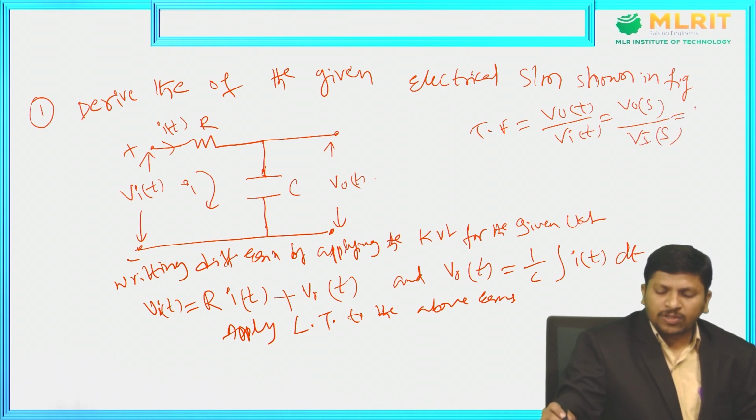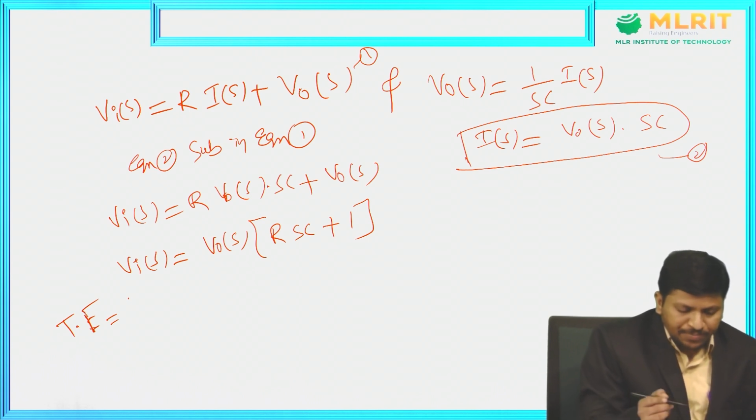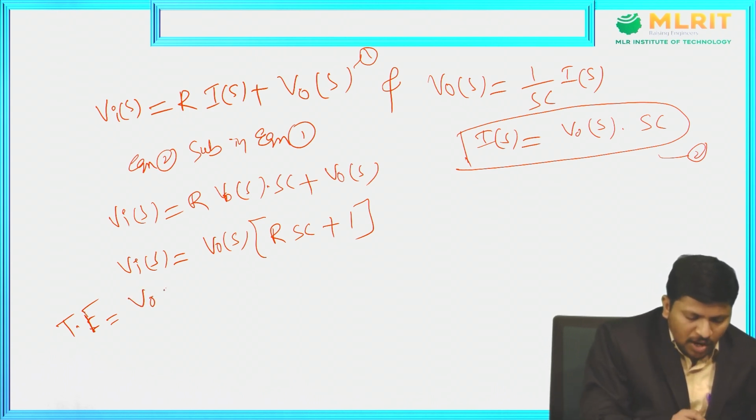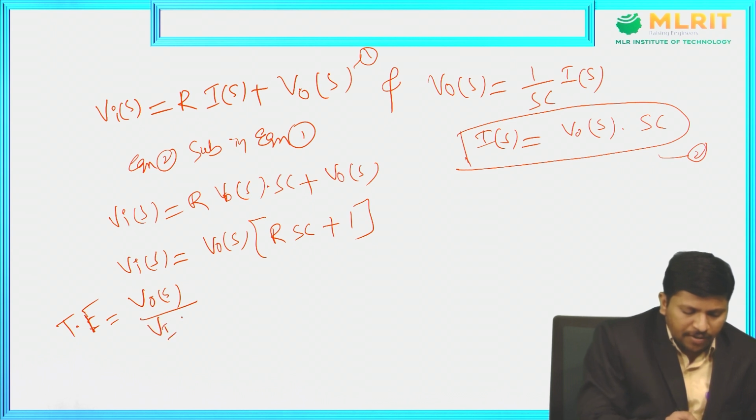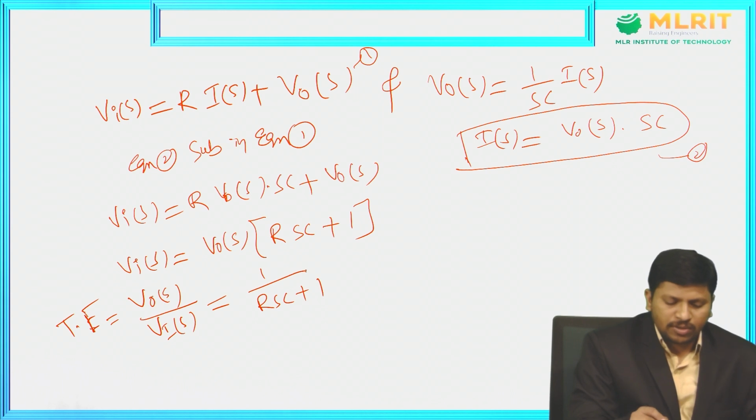We are going to calculate this one. Moving this term to the left side, V output of s divided by Vi of s equals 1 by R sC plus 1.